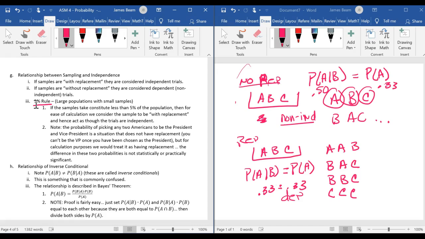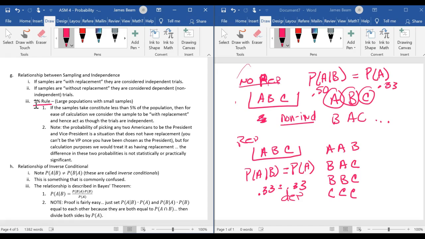So these two things come out the same. The one that's easier to calculate is with replacement, because you just follow the multiplication rule and multiply, multiply, multiply. Whereas if you are trying to do this as though you are dependent, you have to throw in the conditional probabilities.